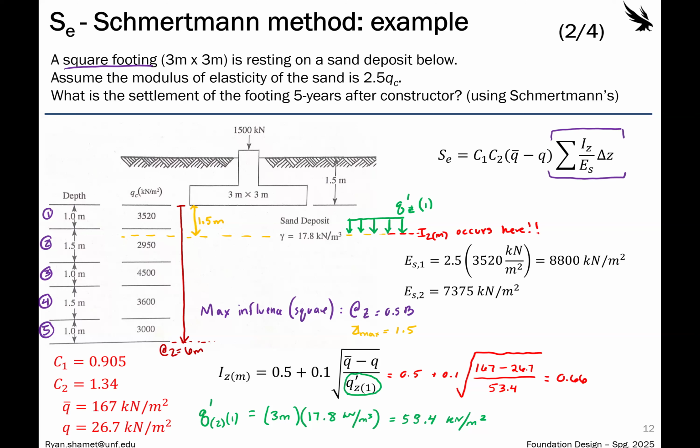So now we know the starting point of our little trapezoid profile, because it's a square footing. We're going to have it start at 0.1, and then it's going to go down to a depth of 1.5, and it'll have that IZ max value. And then it'll be another straight line all the way down to a depth of 2 meters where it will be 0.